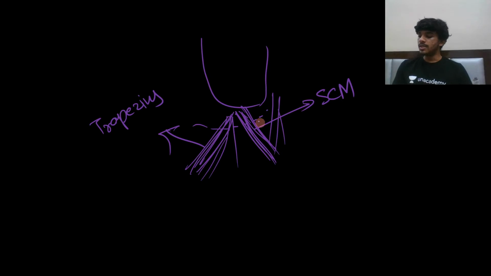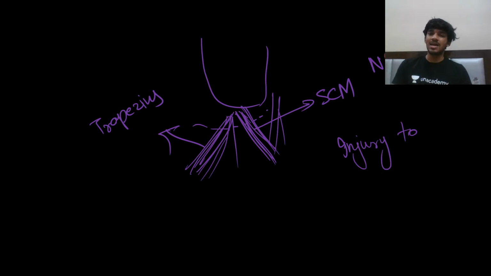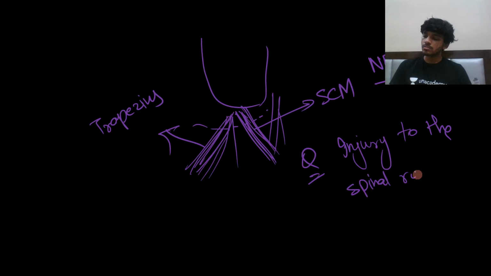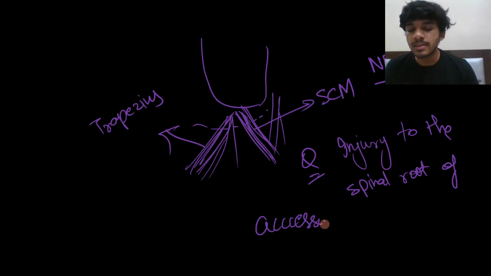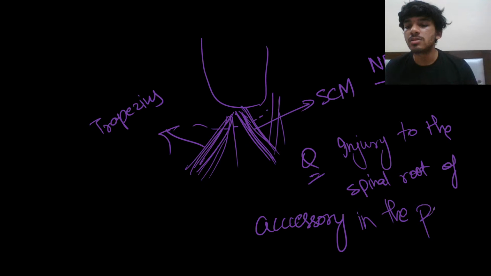Now my question to you is, it can be asked in your next examination as well, if there is an injury to the spinal root of accessory in the posterior triangle, what actions, what muscles will be affected?